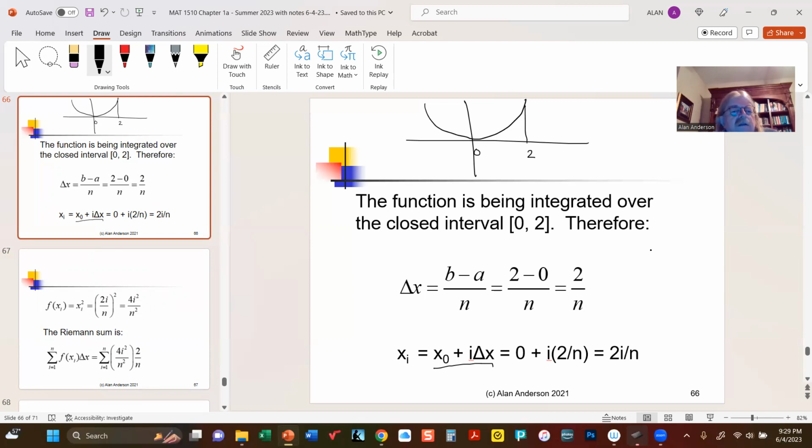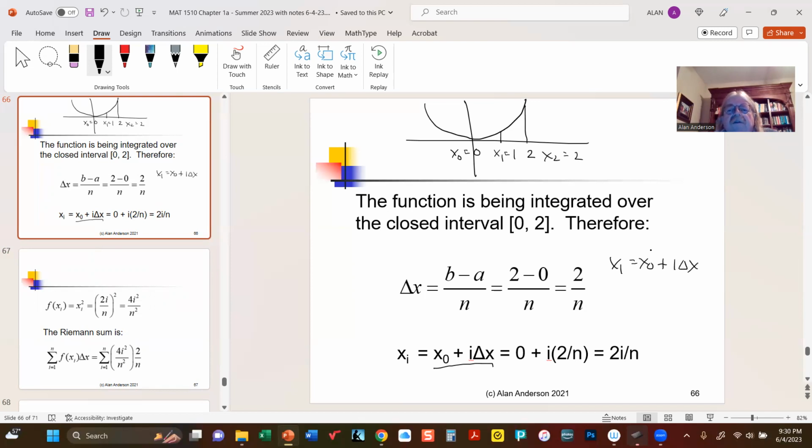Let's keep it simple. So x1 is x0 plus 1 delta x.